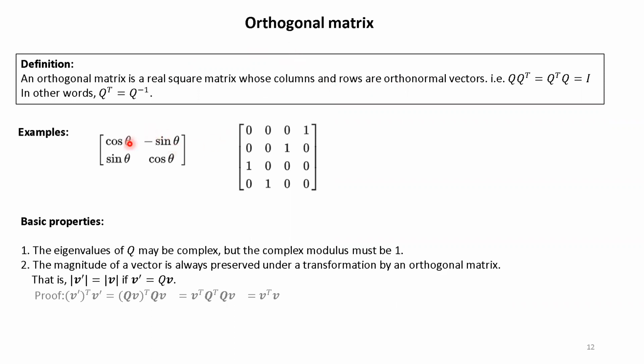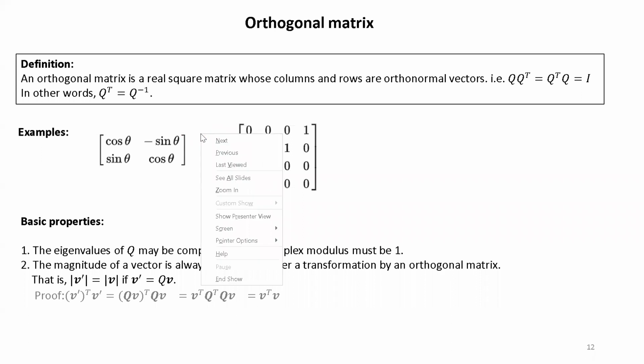So here are the two examples. This one is actually familiar to you; it is a rotation matrix. You can try taking the transpose and multiplying with itself, and you find that this is indeed equal to the identity matrix.